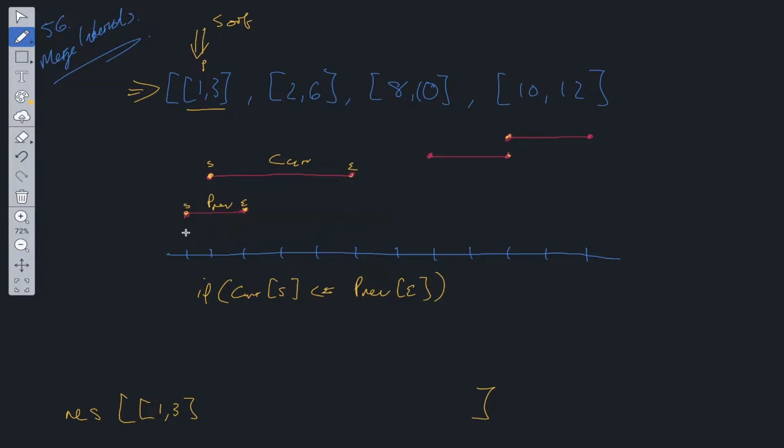And the way we'll do that is we'll reassign previous end to equal the max between previous end and current end.